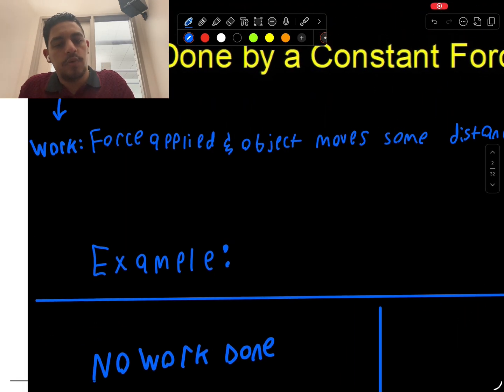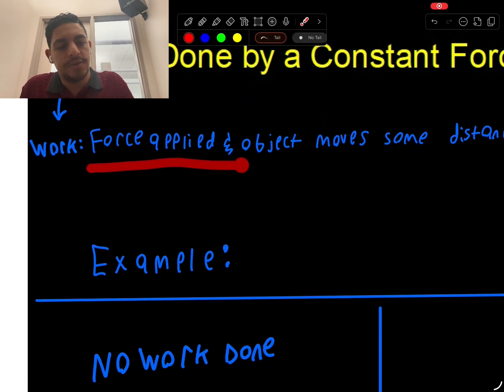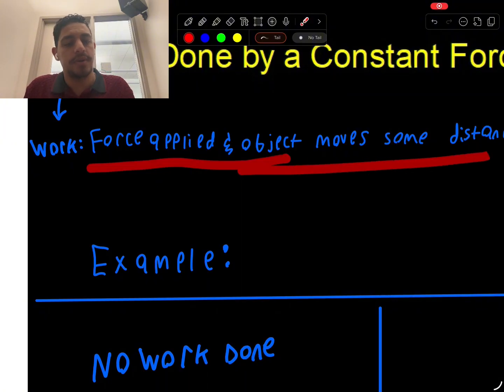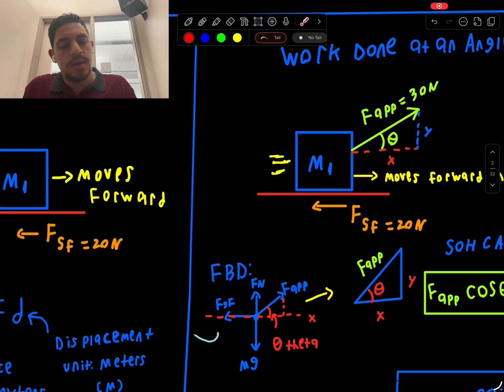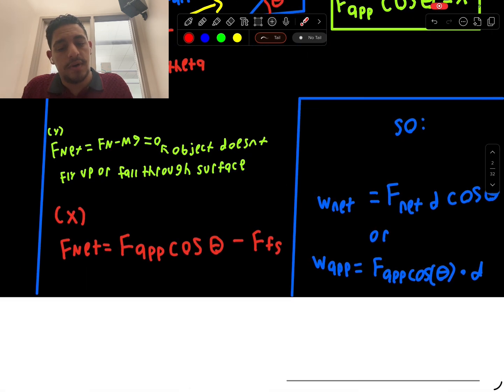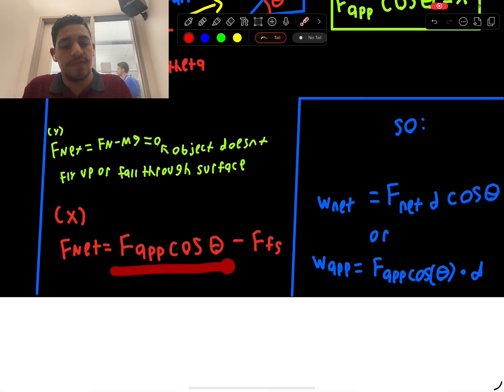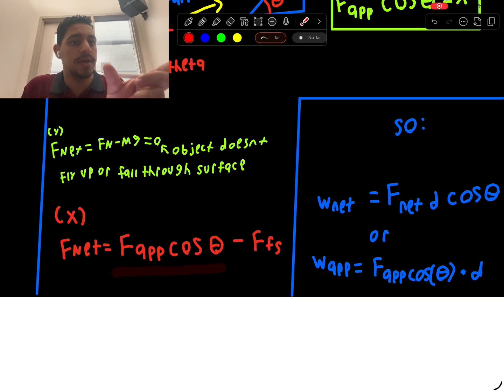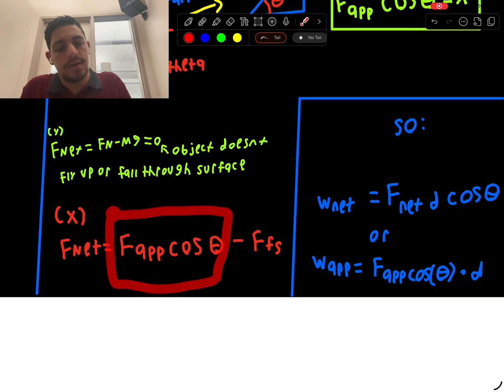Remember, work is a force applied on an object and the object moves some distance from its starting point. So in this case, we're going to focus specifically on the applied force. If we look at the applied force, only the x component of it is actually doing anything. So F applied cosine theta goes right here.